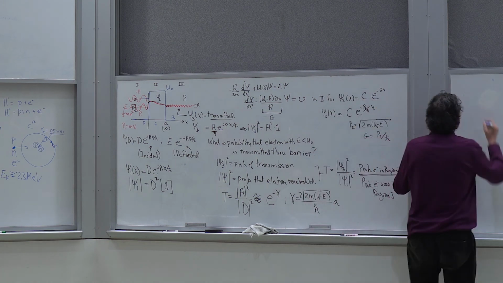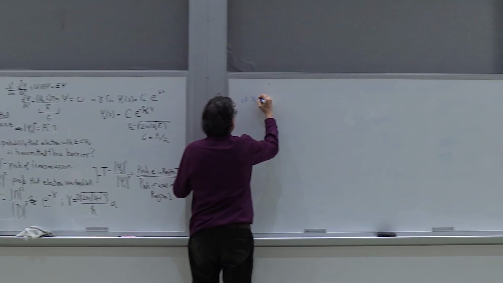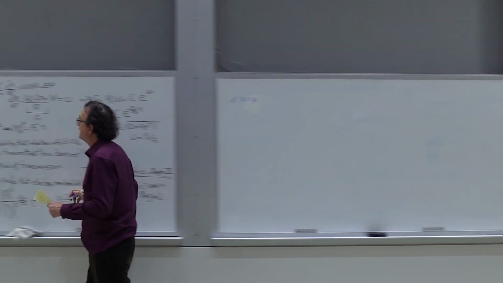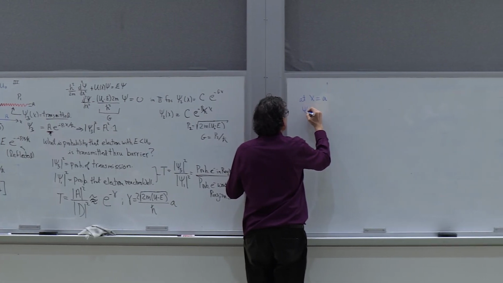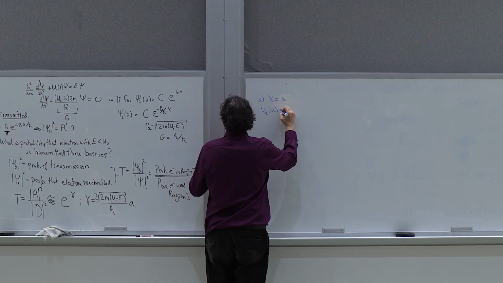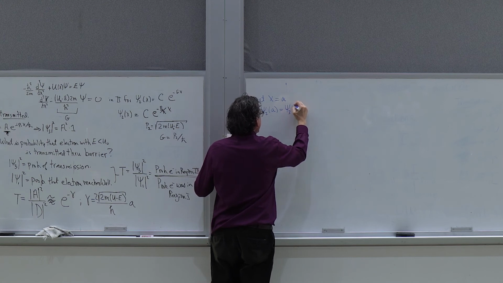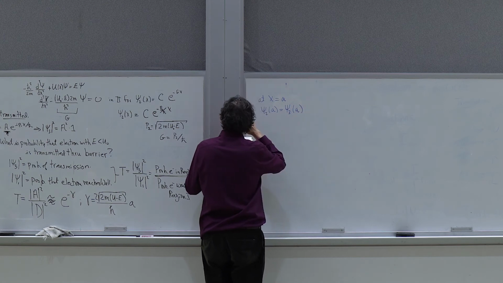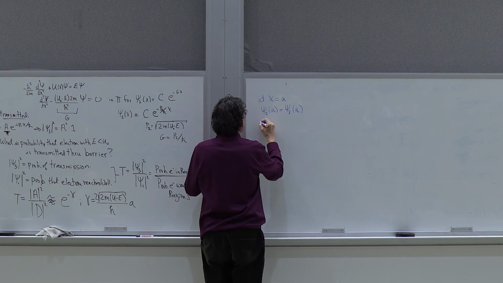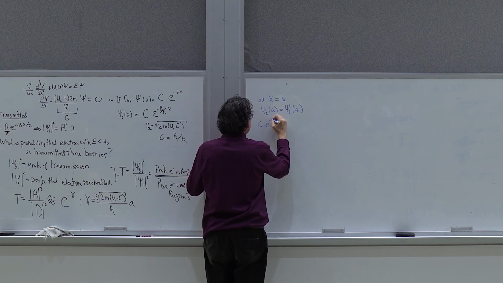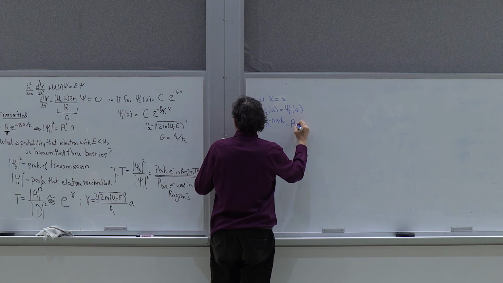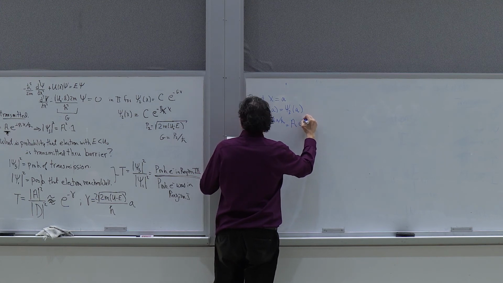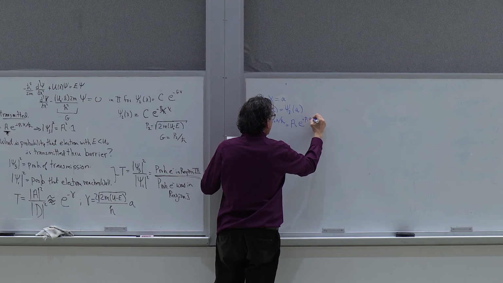The boundary condition is that at x equals a, which is the right barrier right here, the wave function psi 2 at A has to be equal to the wave function psi 3 at A. Putting values in here, this says that C times e to the minus p2 times A over h bar is equal to capital A times e to the i p1 A over h bar.